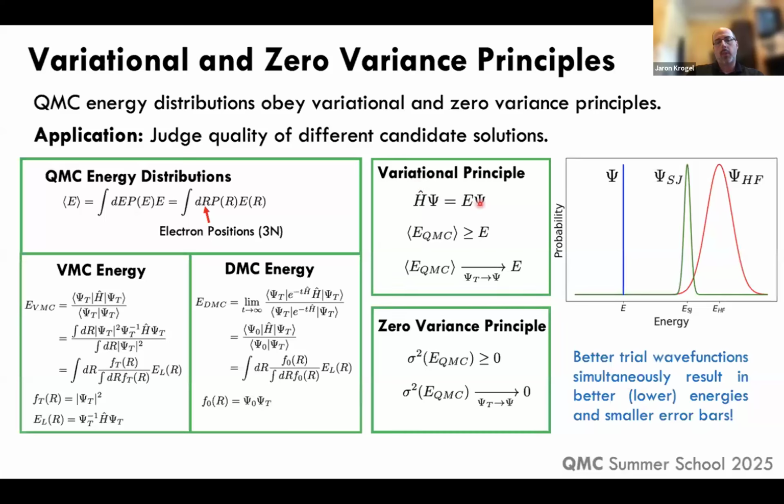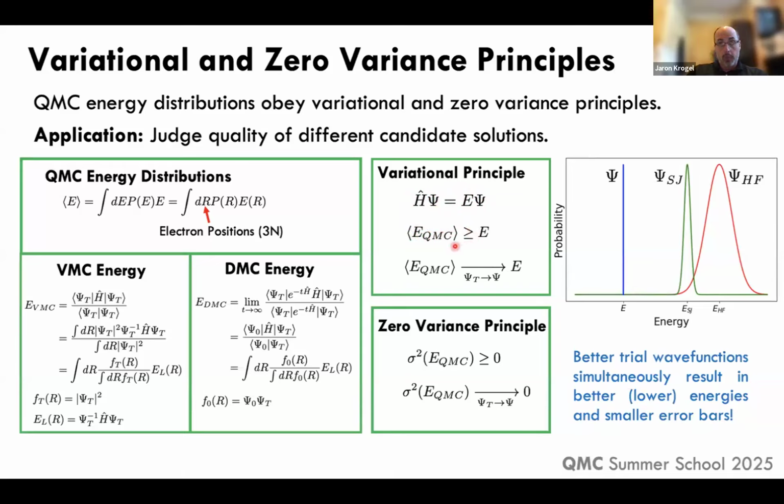So you have the Schrodinger equation, and imagining that psi here is the exact ground state, you just have this simple eigenvalue equation where E is the ground state energy. And the statement of the variational principle is that the estimate of the energy in QMC is always greater than or equal to the true energy.